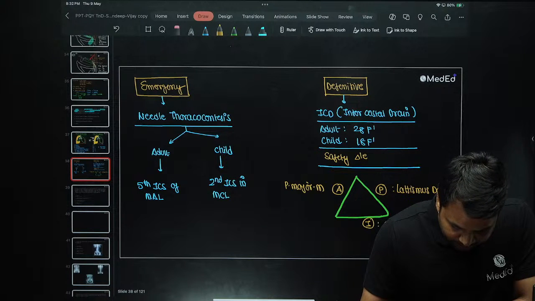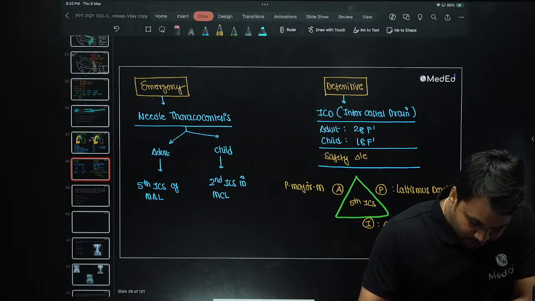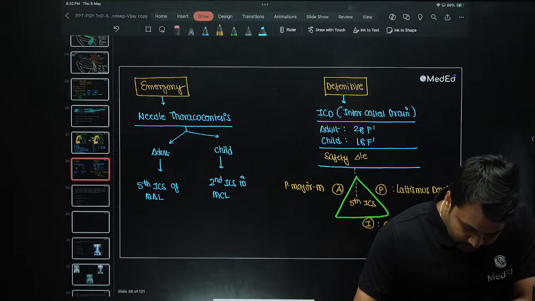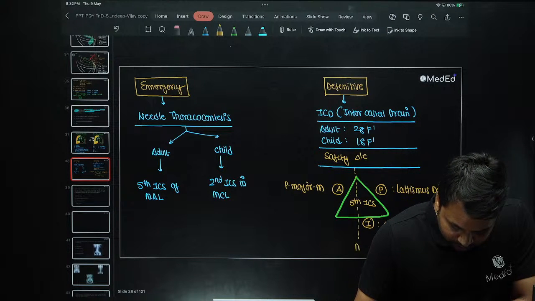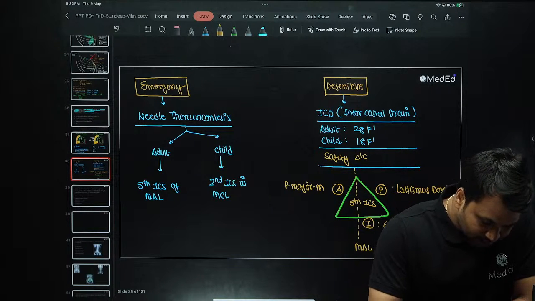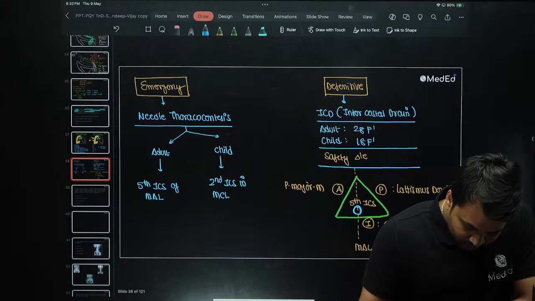Inferiorly it is formed by the 6th rib, and this is your 5th intercostal space. Now in the 5th intercostal space, this is going to be your mid-axillary line, and this is where you are going to put the ICD, right?